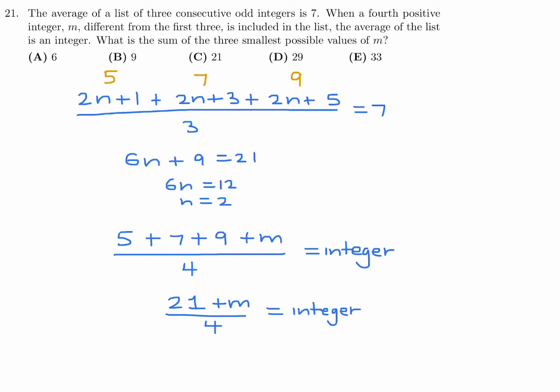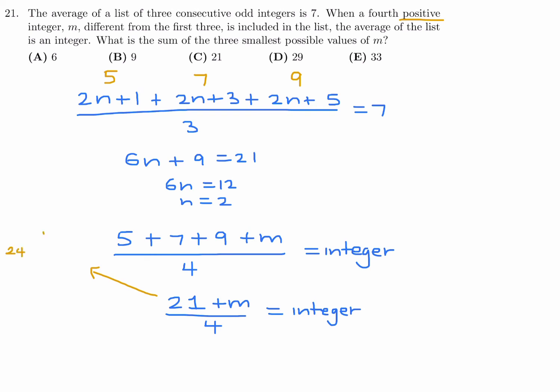All right, so very quickly you realize that the numerator has to be divisible by 4 in order for this to become an integer. So let's see. M, of course, has got to be a positive integer. They even tell you that. So what can m be that makes it divisible by 4? Well, the numerator, first of all, can be 24.